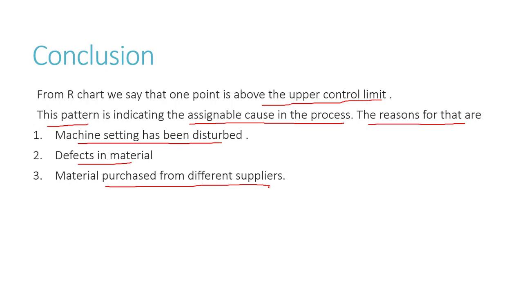These three things may be the reason for a process having a tendency that one sample number is above the upper control limit. From our chart we can draw a conclusion, and based on this conclusion we can correct our procedure, we can find some assignable cause and we can correct it.